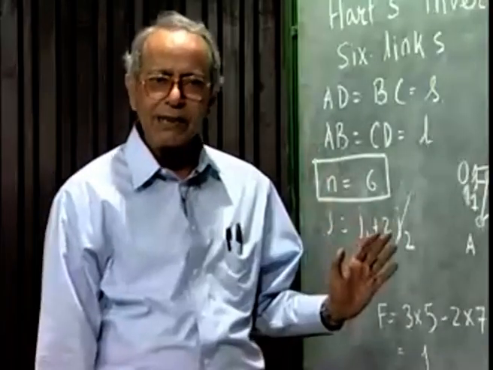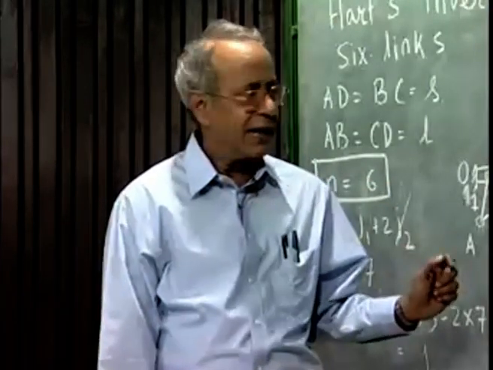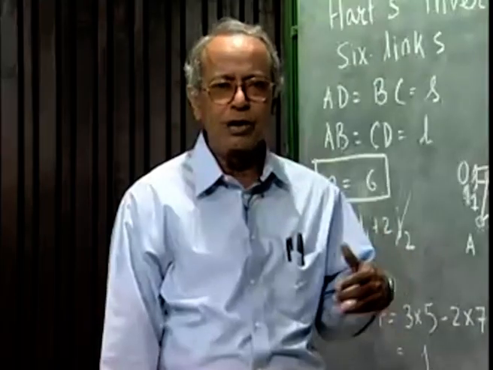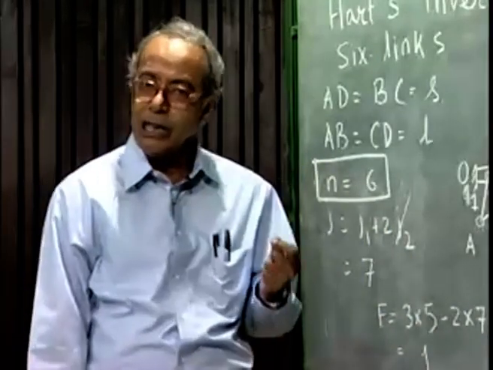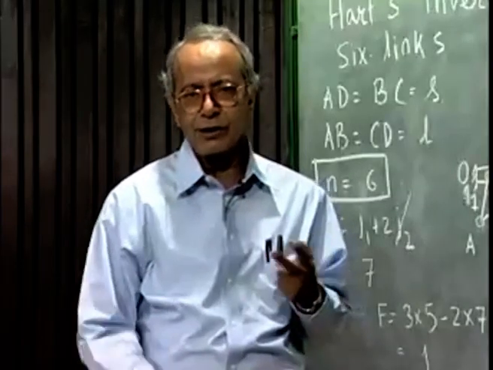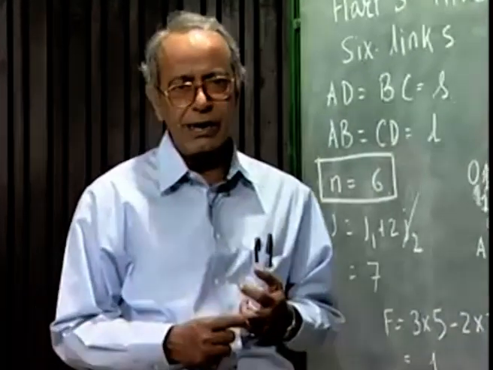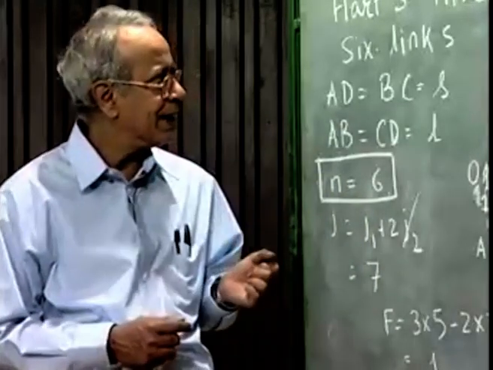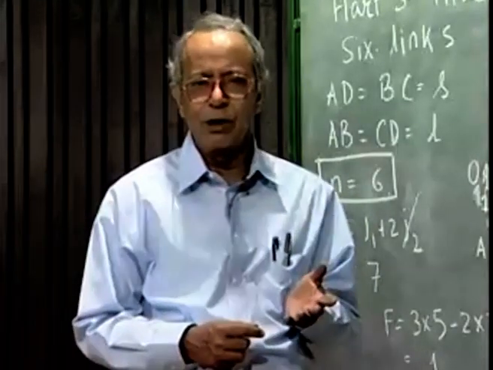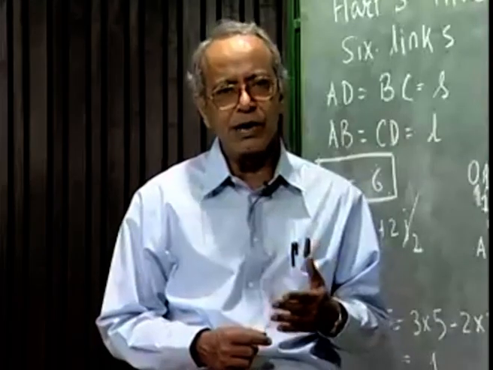We have explained this principle of inversion and used that principle to generate 2 exact straight line mechanisms using only R pairs. We discussed 2 of them, namely the Peaucellier straight line mechanism, which has 8 links, and then the Hart straight line mechanism or Hart inversor, which has only 6 links.